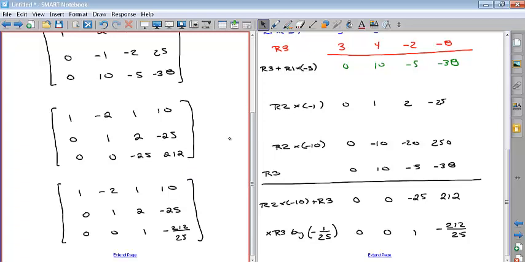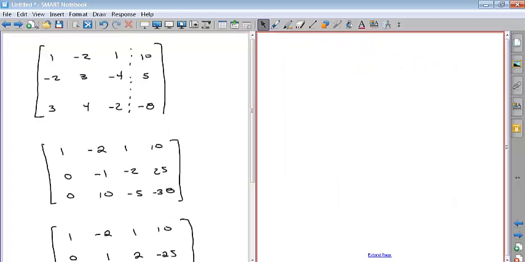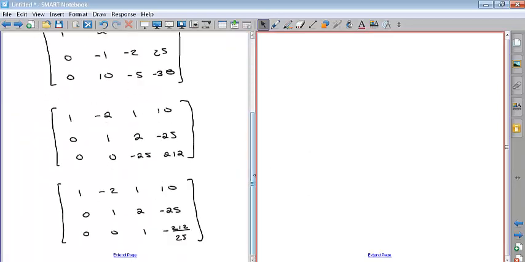So from that final matrix, what I can say is that Z equals negative 212 over 25. From the second equation, I get that Y plus 2Z is equal to negative 25. So I can solve for Y. Y is equal to negative 2Z minus 25.